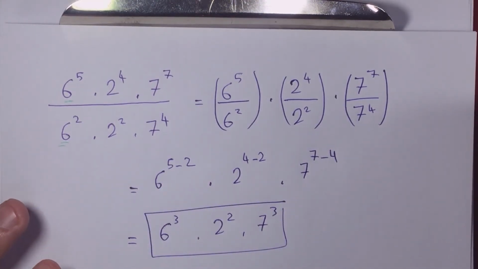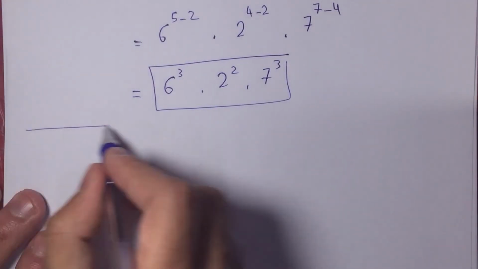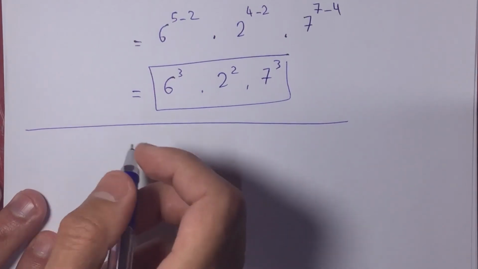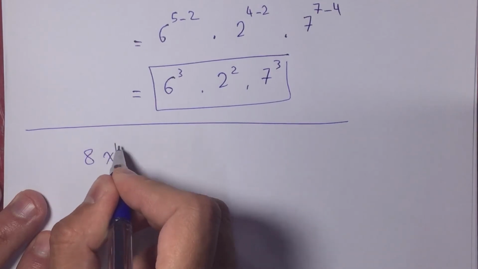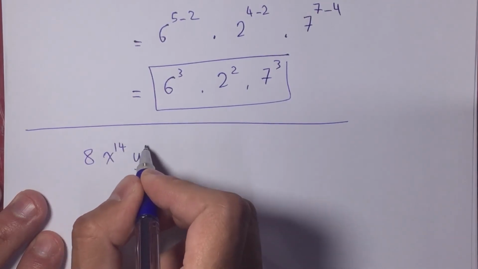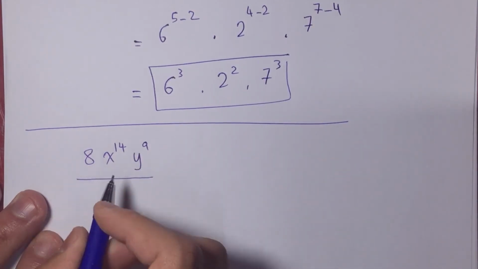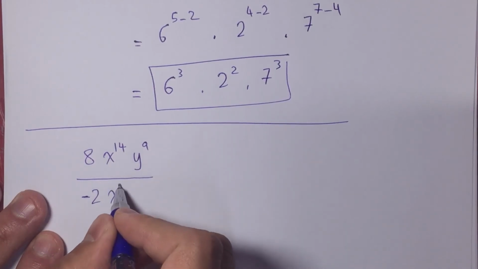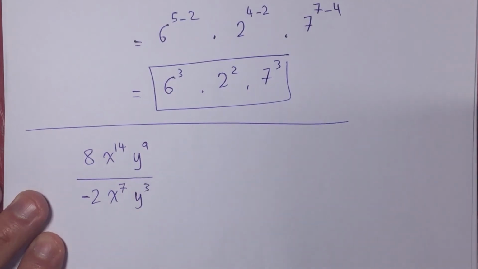What if we have variables in the question? Let's take the following example. If we have 8x to the power of 14 times y to the 9th power divided by minus 2 x to the 7th power y to the 3rd power.